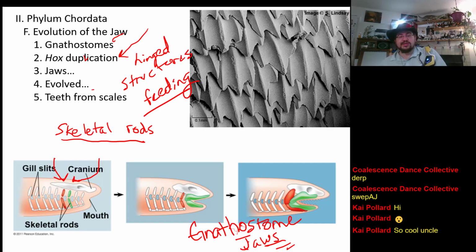So, teeth are a product of those migrated neural crest cells, and teeth are likely something that are related to scales. So, for instance, shark teeth closely resemble shark scales.